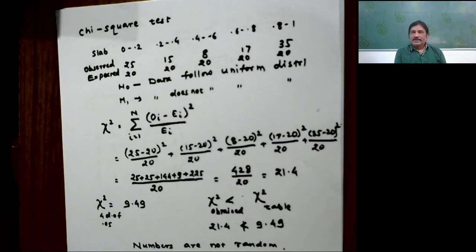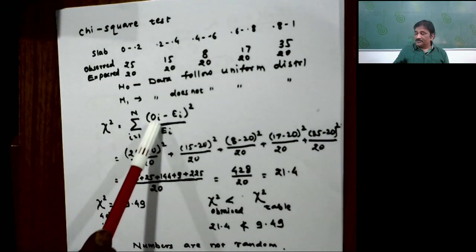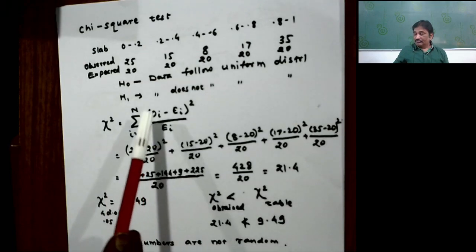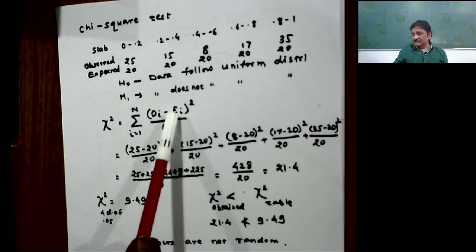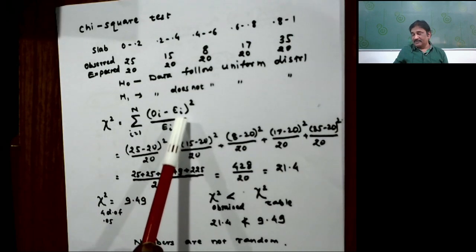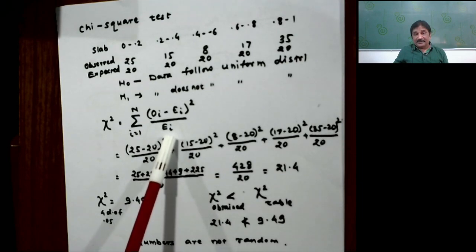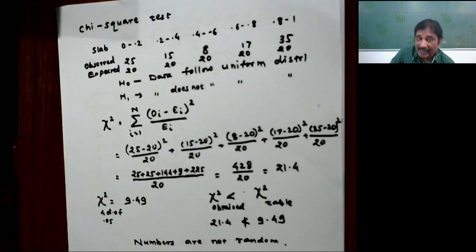So what I do, I try to find the chi-square value, and it is very simple. It is observed frequency minus expected frequency, squared, for the ith slab, divided by expected frequency for the ith slab, summed over all such slabs.